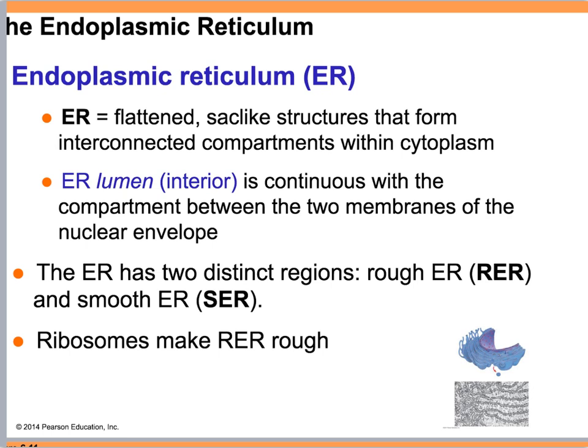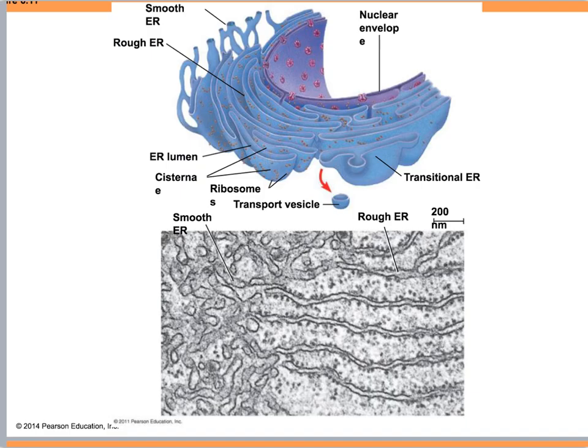The endoplasmic reticulum can be in 2 varieties, though. We've already mentioned the rough ER, or the RER, that has the ribosomes on it. But there's also another part of it that doesn't have ribosomes that's referred to as the smooth ER, or the SER. And remember, ribosomes are what make the rough ER rough.